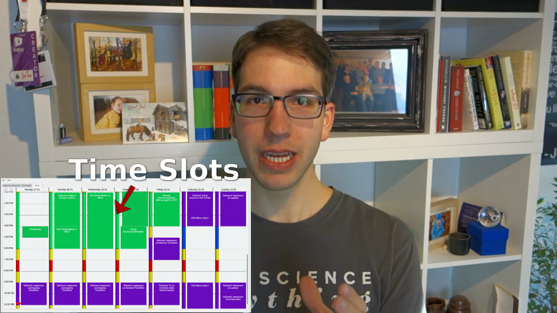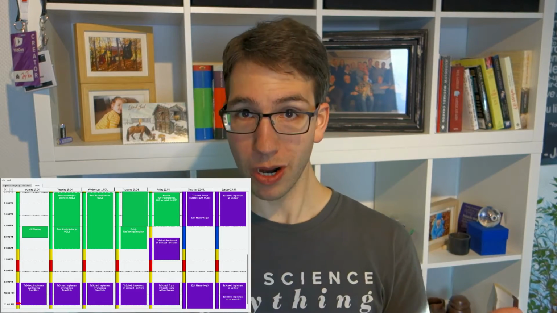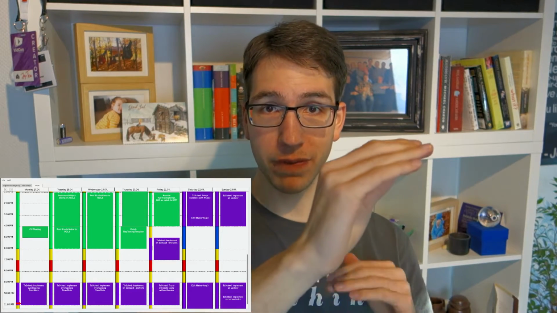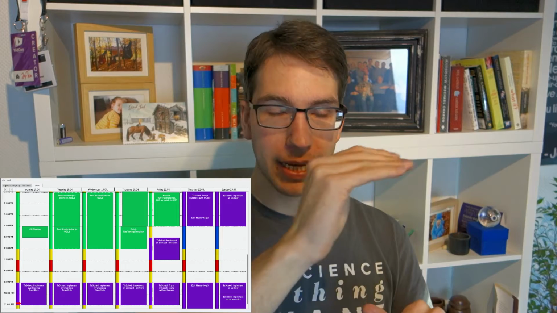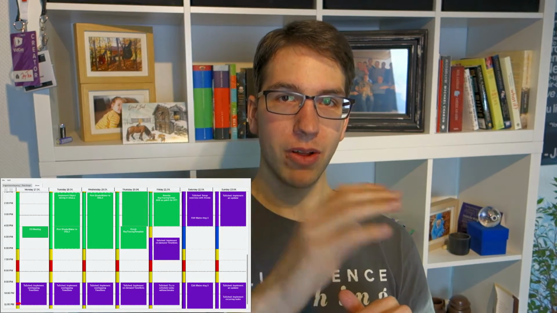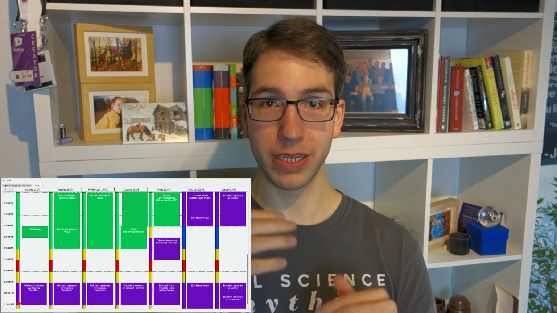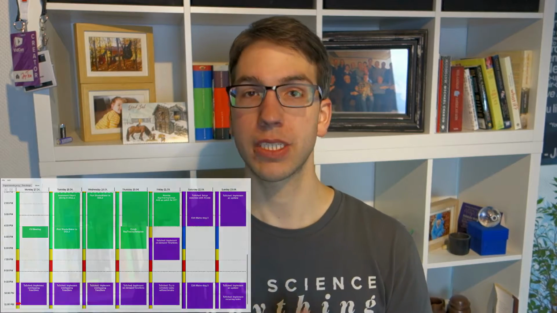For example, from 9 to 5 I'm working, so from 9 to 5 I got the time slot work, and it should schedule all the tasks that have the category work. And that's working quite nicely.